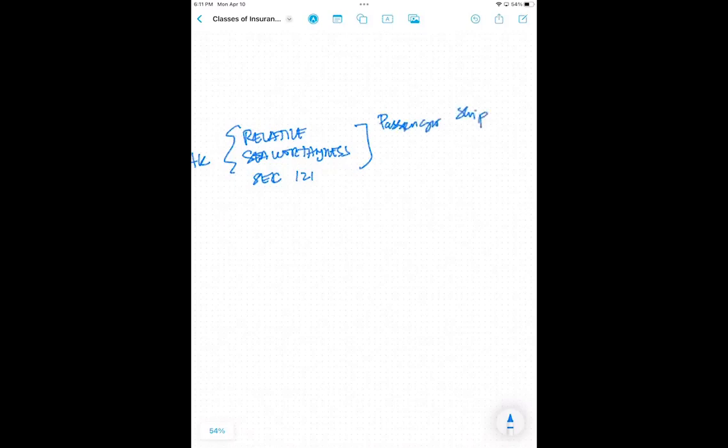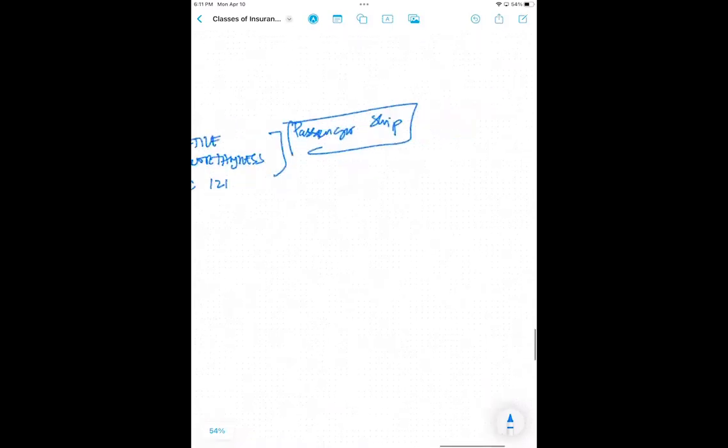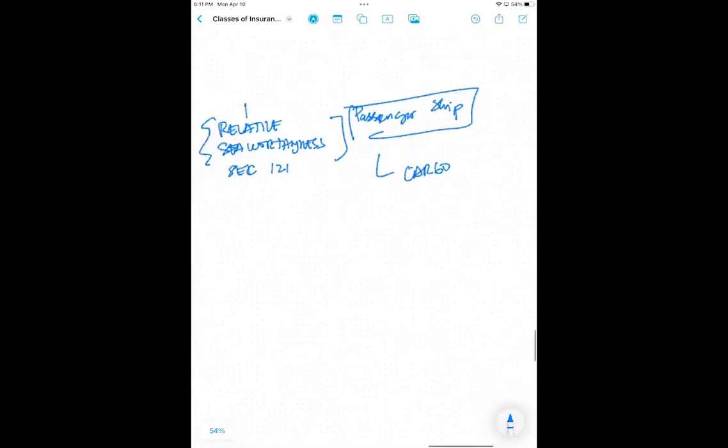Okay, and if this is the function of the ship, then the ship is seaworthy. Okay, but let's say, for example, the voyage is not for passenger but for cargo, then the ship is not seaworthy. So this is the concept of relative seaworthiness.